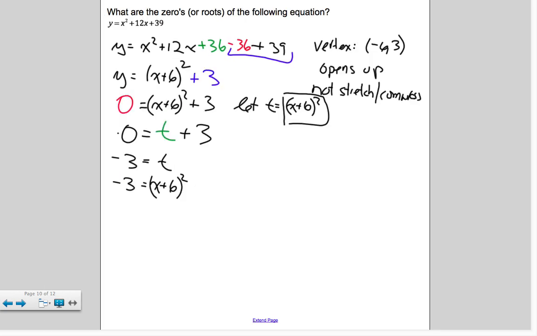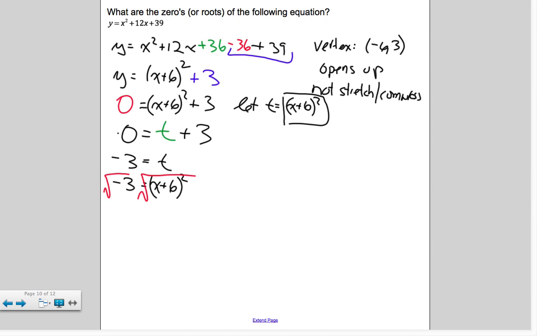Right? And now how do we solve for x? Square root. So we take the square root of both sides. Right? That's how we undo or do the opposite of square.